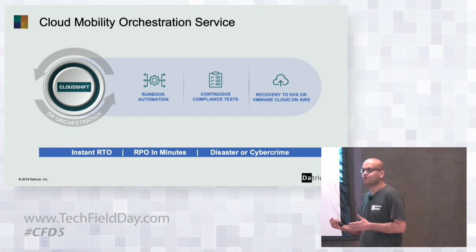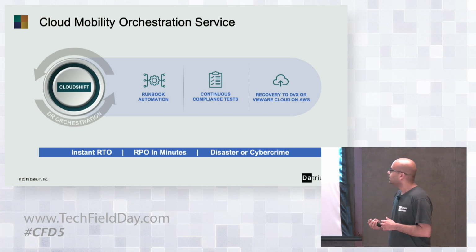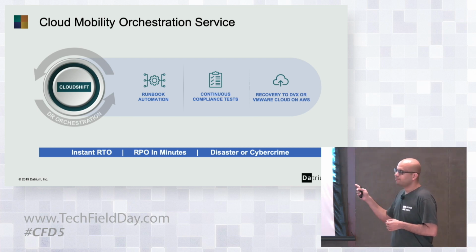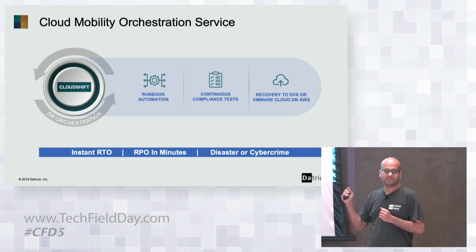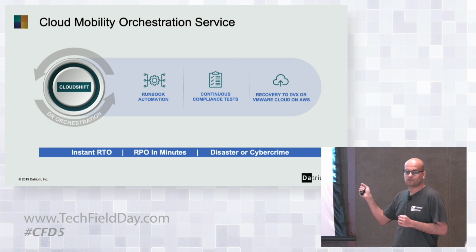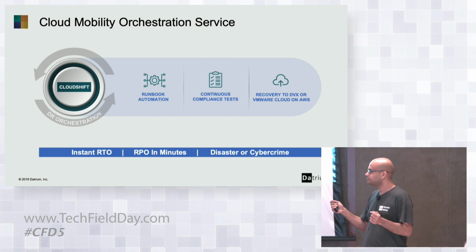So that you don't do a failover and then realize you've got a problem. And lastly, it supports the use case where it can take you from DVX to DVX or DVX to the cloud. Because we are a primary system, it can give you instant RTO. So the recovery is super fast. It can give you RPO in minutes, not days or hours, as with a typical backup system.